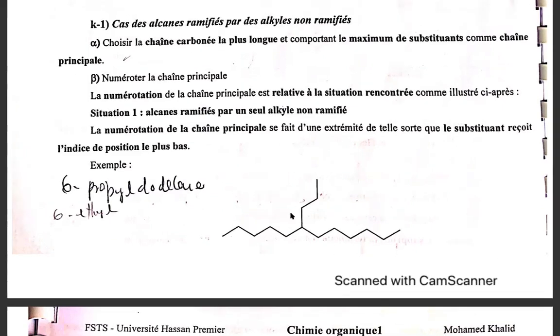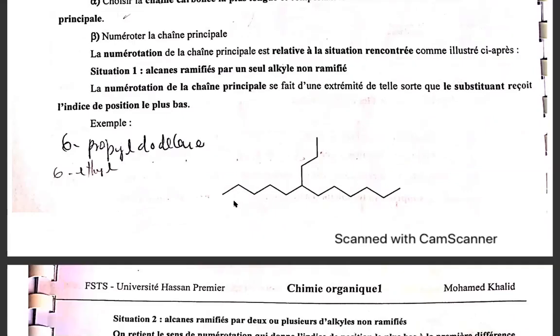So the name now becomes, at position number 6, you have a propyl, which is an alkyl. Then the chain principal, we say the chain principal is made up of a prefix and a suffix. So the prefix in this case is the "dodec".